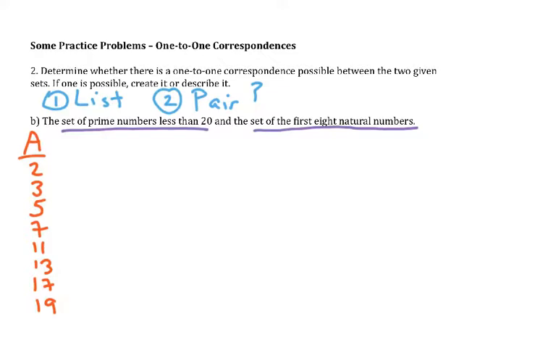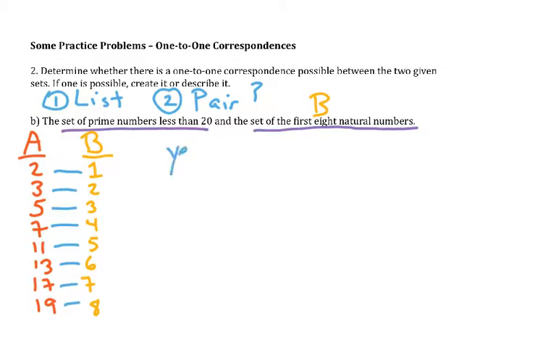So maybe you have already figured out that this is going to work out. So I'm going to call this set B. What does B look like? Well, 1, 2, 3, 4, 5, 6, 7, 8. And can I pair them? Well, let's see. You just try. We know the cardinality of A equals the cardinality of B. What is that number?